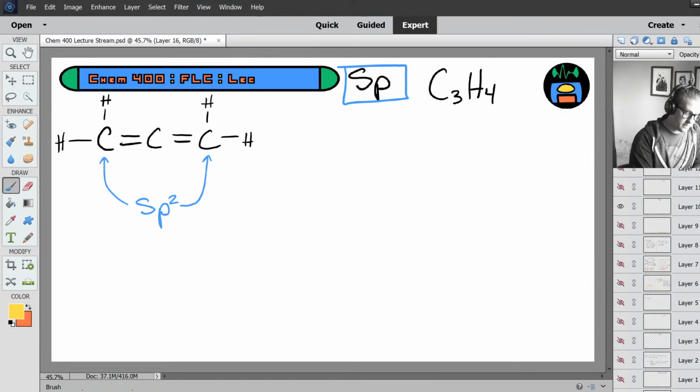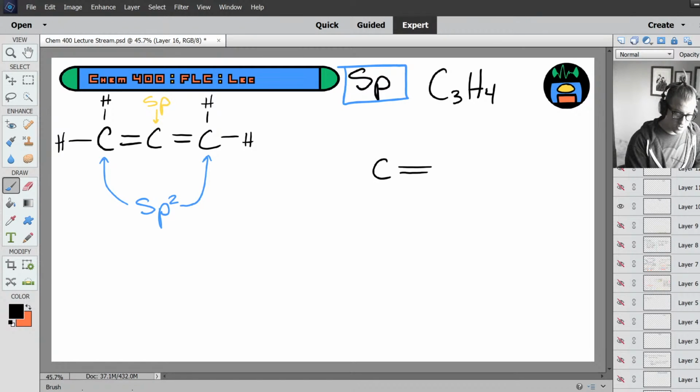If you look at the carbon in the center, there's only 2 atoms attached to it, no lone pairs. So that would give you a linear VSEPR geometry. Linear VSEPR geometries are sp hybridized. So if we wanted to draw a 3-dimensional representation of this molecule, our central carbon is sp hybridized, which means it has a linear geometry.